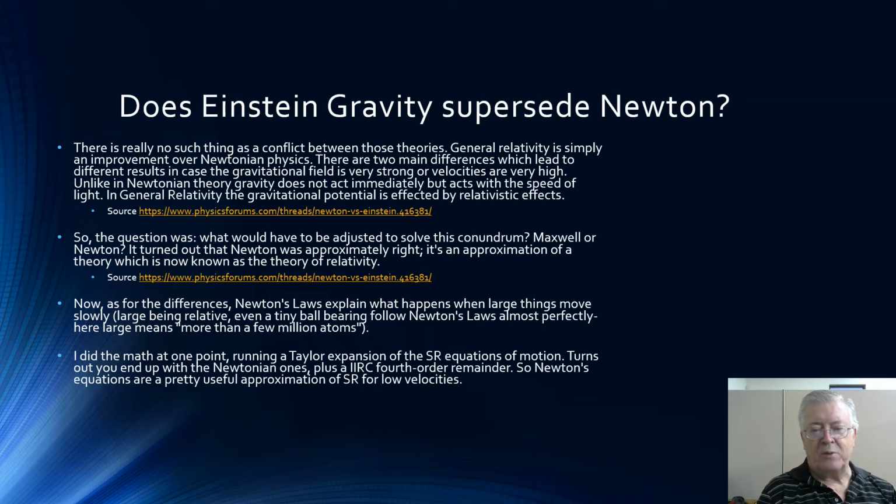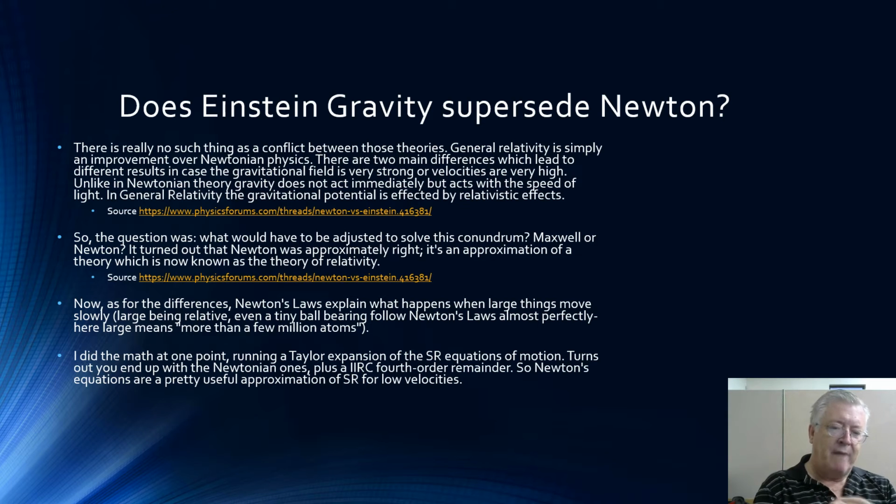Okay, and the last one, this is pretty good for those of you that are math freaks. This guy says, I did the math at one point running a Taylor expansion of the special relativity equations of motion. Turns out you end up with the Newtonian ones plus an IIRC fourth order remainder.